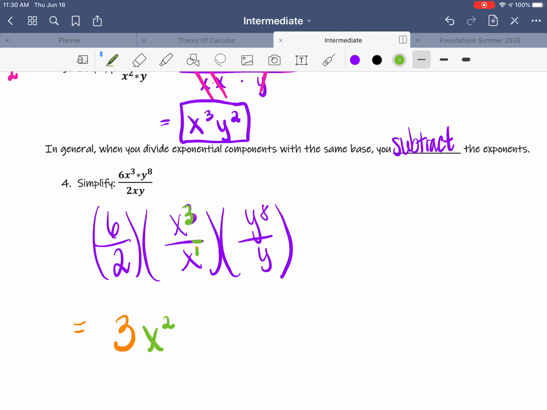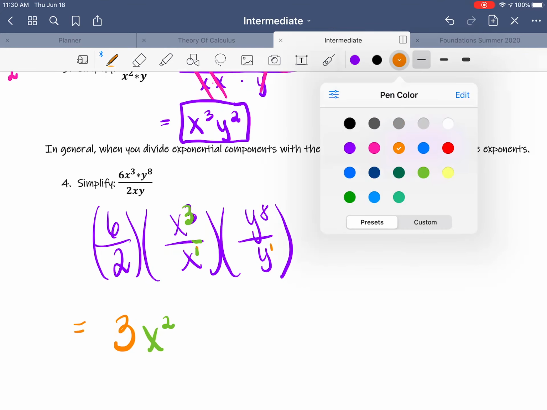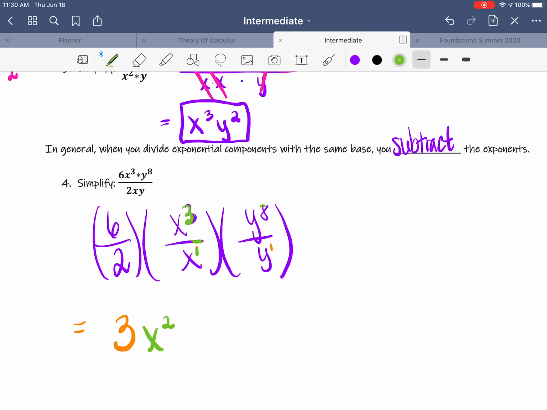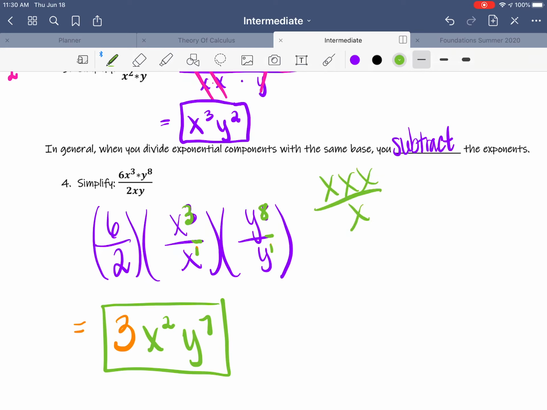And then with the y's, we're going to use our shortcut. This would be a 1 right here. So we're going to do 8 minus 1 to get y to the 7th. And again, if you prefer, you can expand it out to see that we get x squared here.